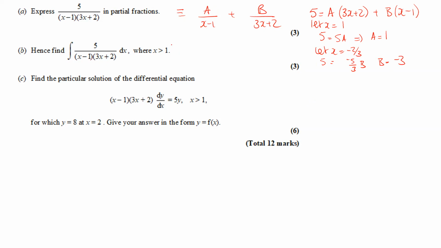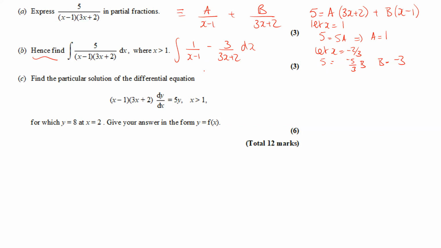Hence find the integral. Now sometimes it just gives you this and you need to know to put it into partial fractions, but this question gave you a helping hand, because splitting it up into partial fractions, you had 1 over x minus 1 minus 3 over 3x plus 2. And now we can just do it term by term.